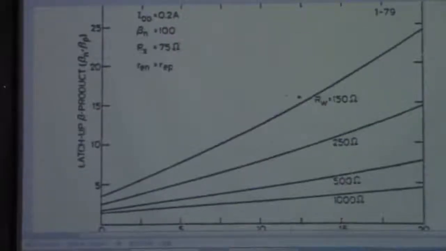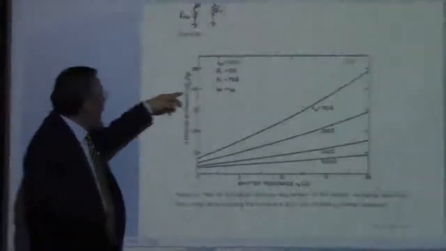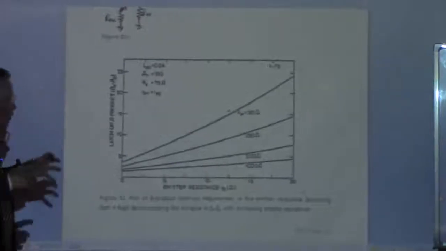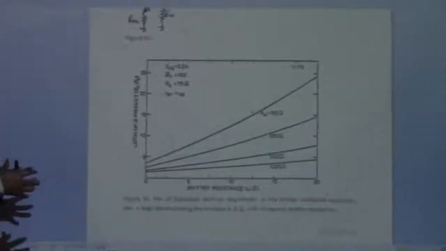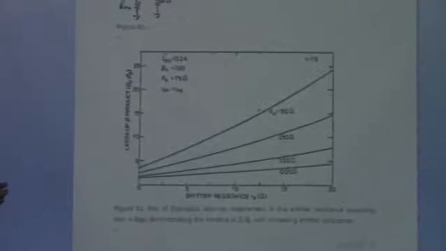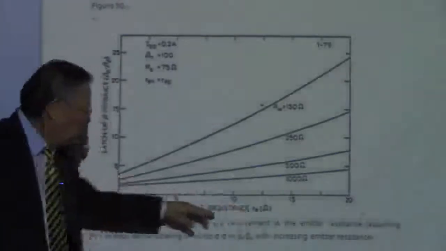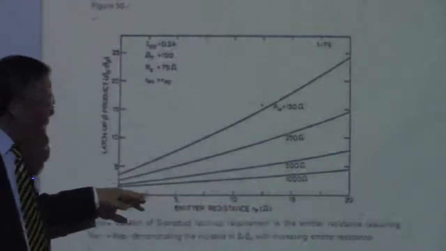And this is the figure showing the latch-up beta product: if you have a big beta, then you're going to have a latch-up. This is the emitter resistance, REP.